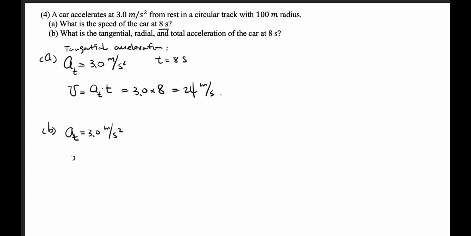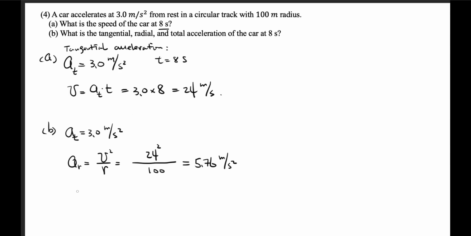Now, in order to calculate radial acceleration, remember it's given by v squared over r. Okay, and v is this 24 that we just calculated, and r is 100 meters. And that gives us 5.76 meters per square second. Okay, so that's the a_r.